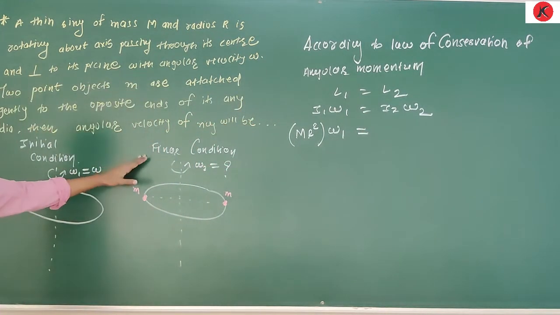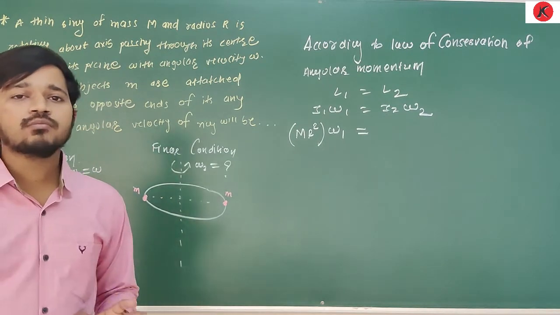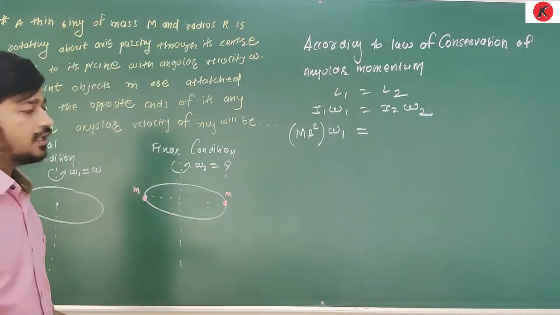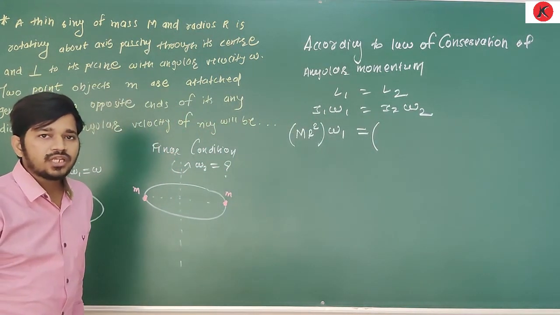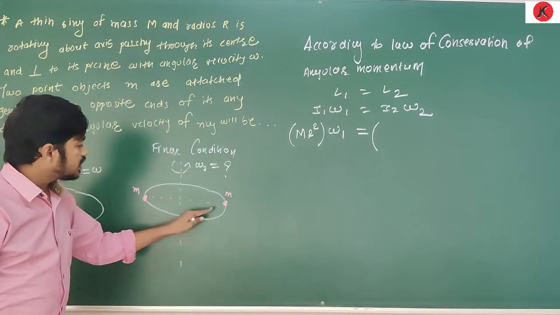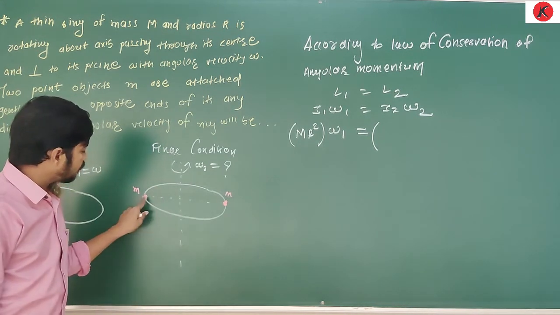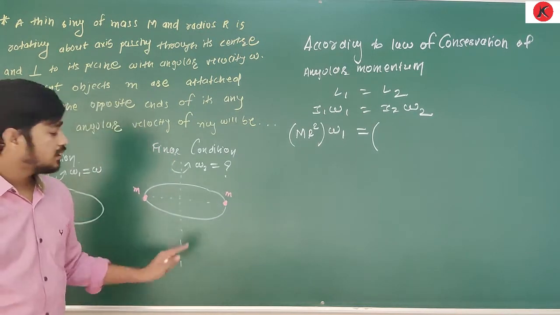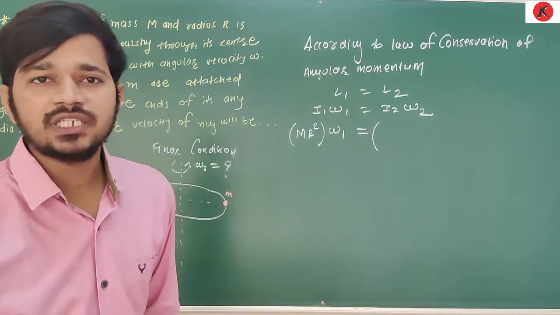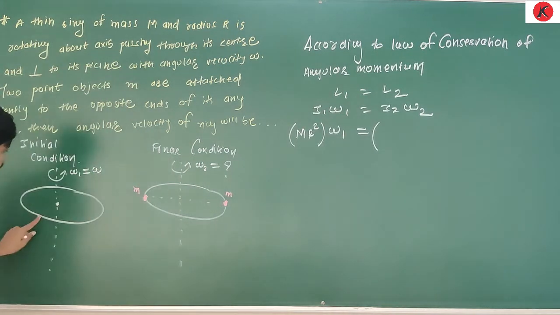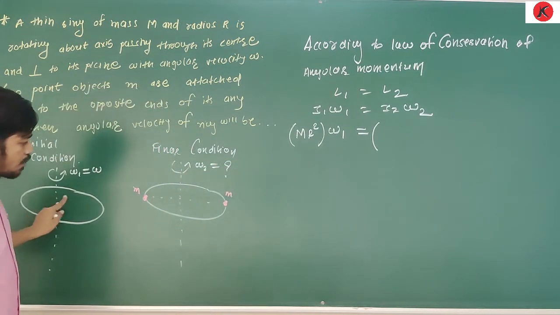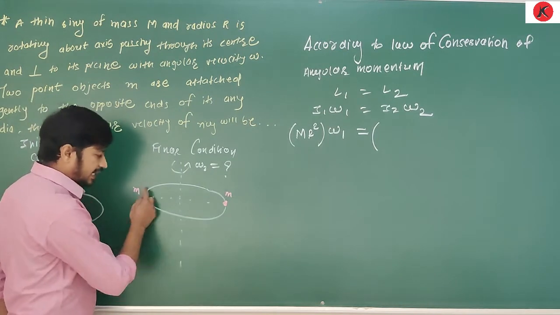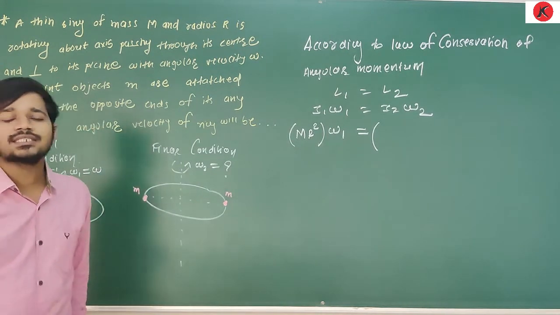Now see, in the final case, not only the ring is rotating, but two point masses are also rotating. So what is the total moment of inertia? Total moment of inertia means the moment of inertia of the ring plus the moment of inertia of these two particles about this axis. In the initial condition only the ring is rotating, so it is its moment of inertia about this axis. But in the final case, the ring and these two point masses are rotating.